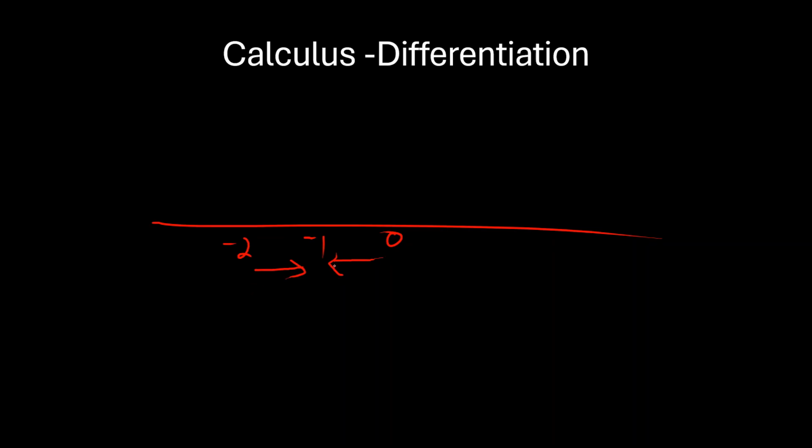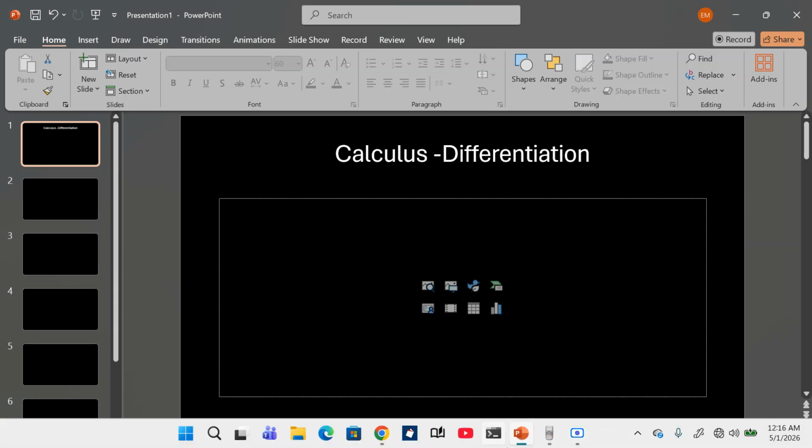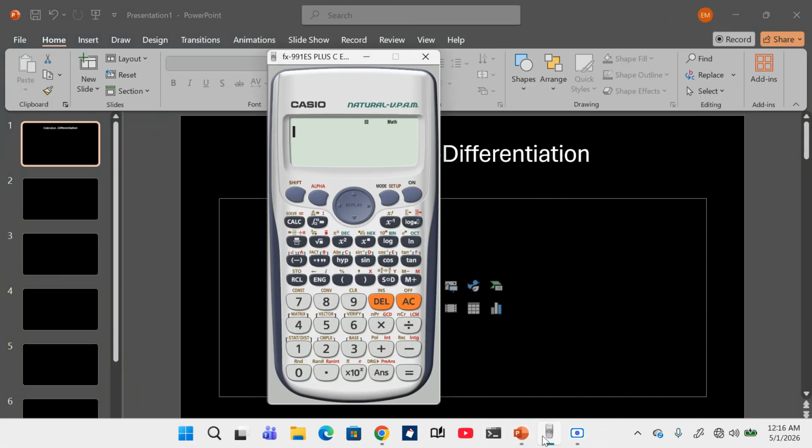I want to pick from here. So that is negative 0.9999. So now let's go back and then pick our calculator.